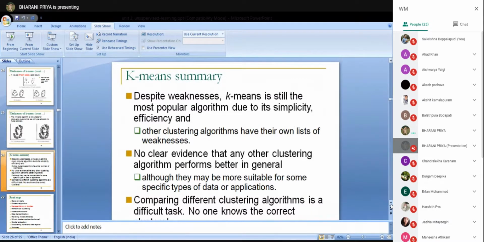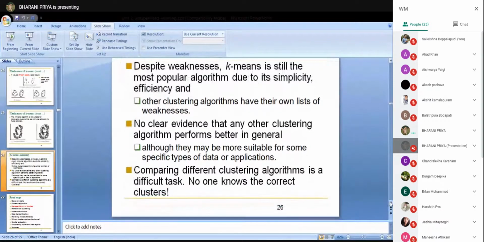Despite its weaknesses, K-means is the most popular algorithm, and there is no clear evidence that any other clustering algorithm will perform better than K-means.